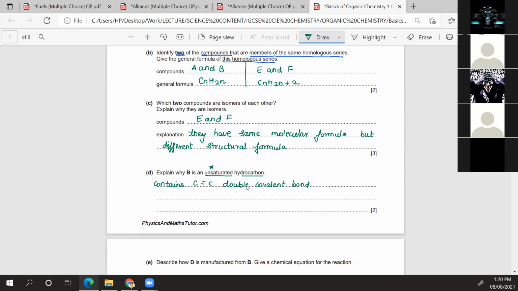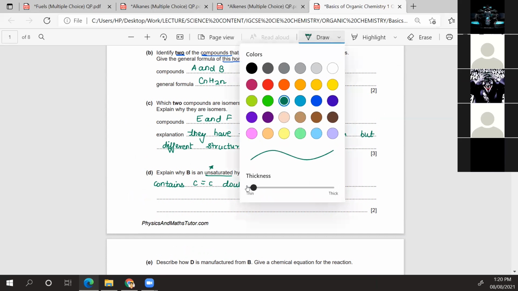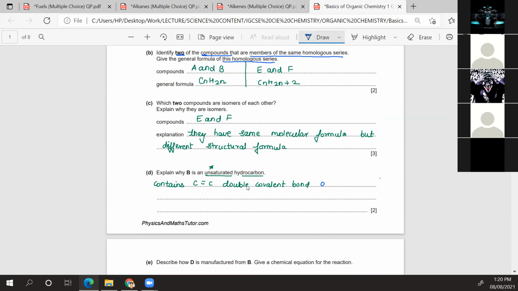For hydrocarbon, the second point will be: it contains carbon and hydrogen only. So the green line will give you 1 mark and the blue line will give you another mark.